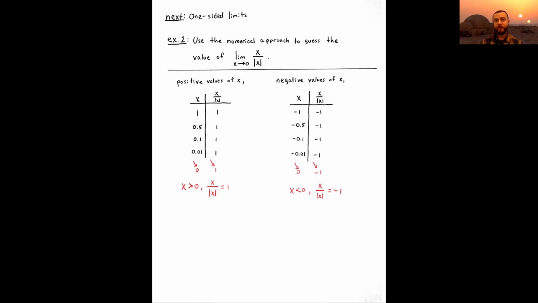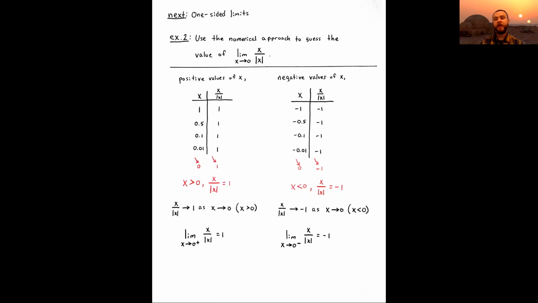And what we see here is that some of the function values approach +1. These other function values approach -1. We're going to conclude here that this limit doesn't exist. But this example actually motivates what are called one-sided limits.